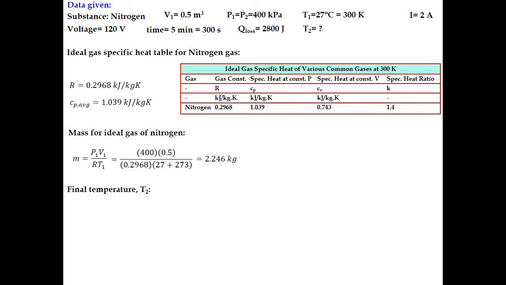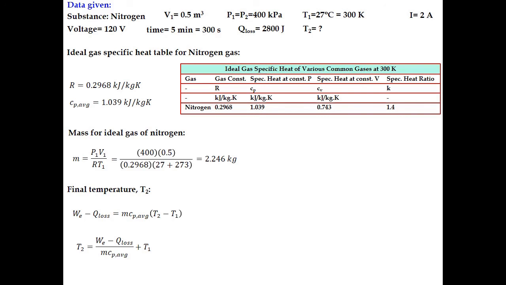Now we concentrate on solving the final temperature T2 based on the energy balance equation. We have WE minus Q loss equal to m Cp multiplied by T2 minus T1. Rearrange the equation so that we get T2 equal to WE minus Q loss divided by m Cp, plus T1.